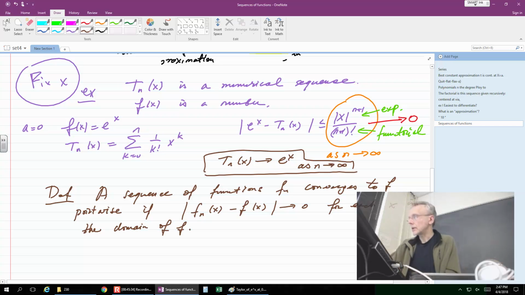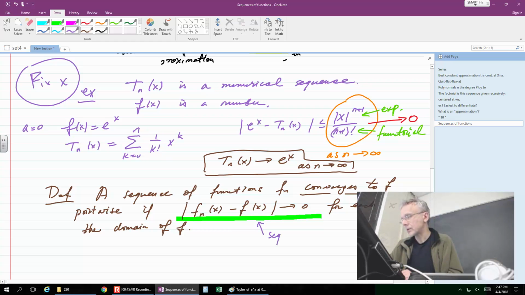Okay, so convergence of sequences of functions as opposed to convergence of numbers, but it is explained in terms of convergence of sequences of numbers, because once again, this is a sequence of numbers. So what we discussed previously applies. This is a sequence of numbers.